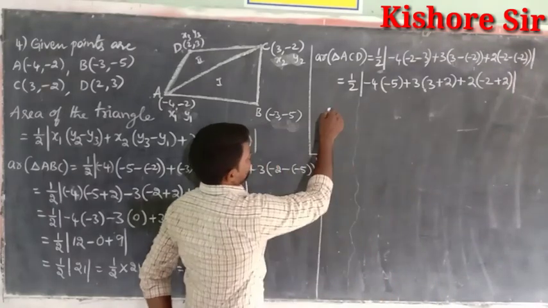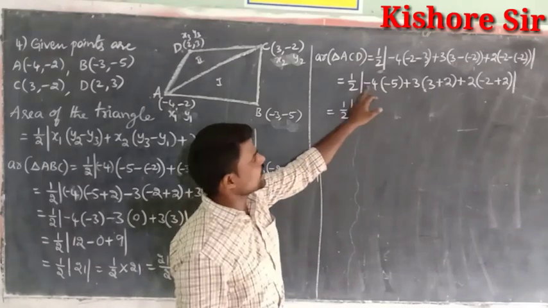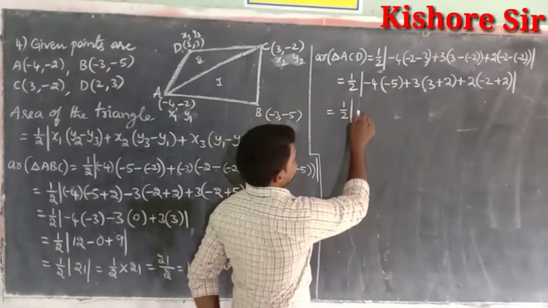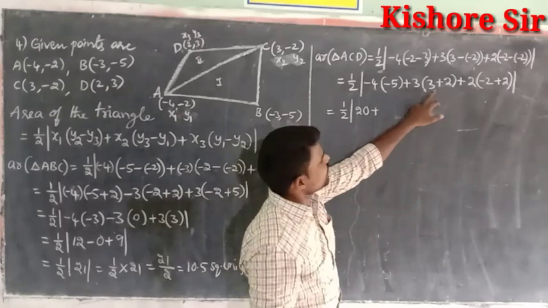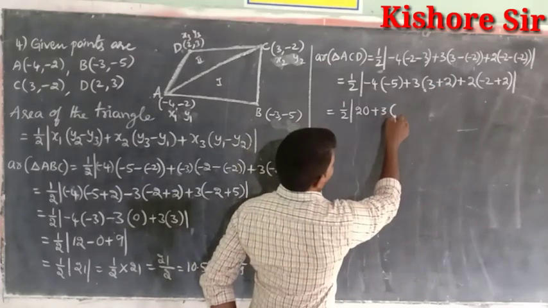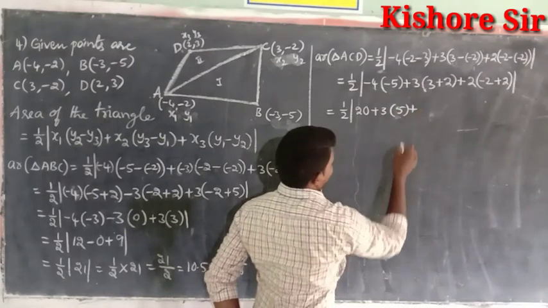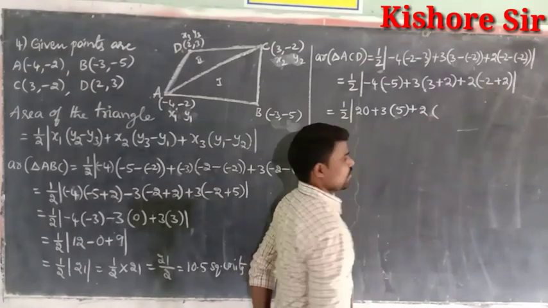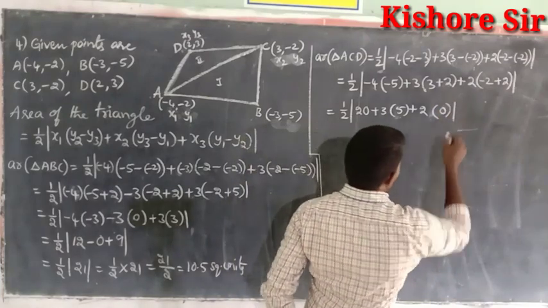So that is equal to 1 by 2 modulus minus into minus plus, 4 fives are 20, plus 3 into 3 plus 2, that is 5, plus 2 into minus 2 plus 2, that is 0. The result is 0.